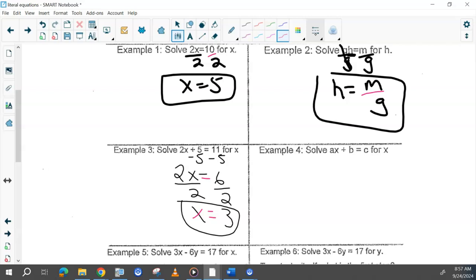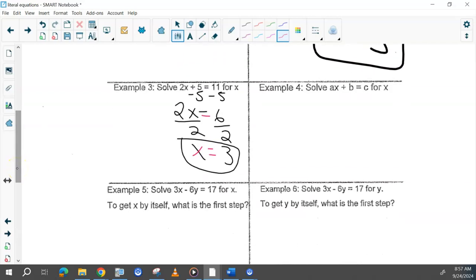So if example 4 is set up similarly, what would be our first step if we're trying to get x by itself? I heard subtract b. So we have ax equals, when I move that to the other side, these b's cancel, but this just gets rewritten, c minus b.